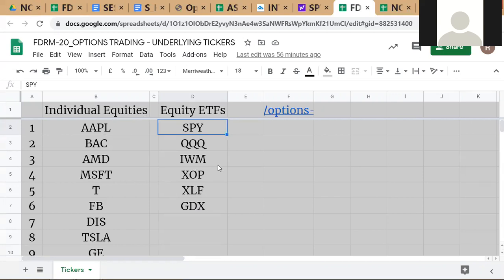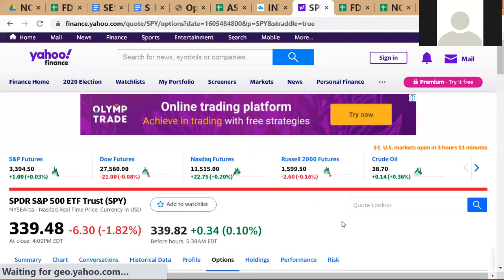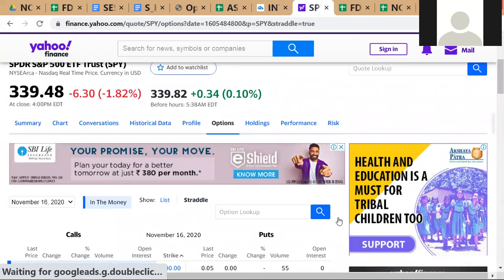The main thing is to start with trading on individual underlying assets. Sir, one more question which I haven't asked earlier. In an equity ETF, sir, there is a percentage of each stock given, like Apple 6%, and 10 stocks. Sir, does the movement of the ETF depend on the weightage of these stocks?